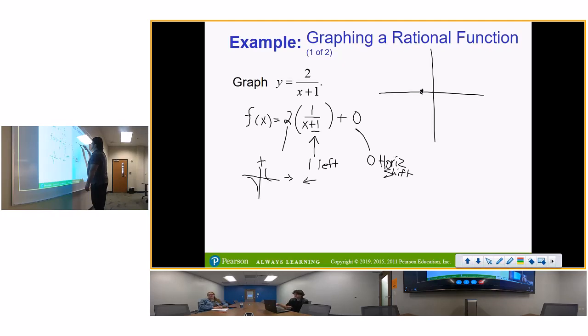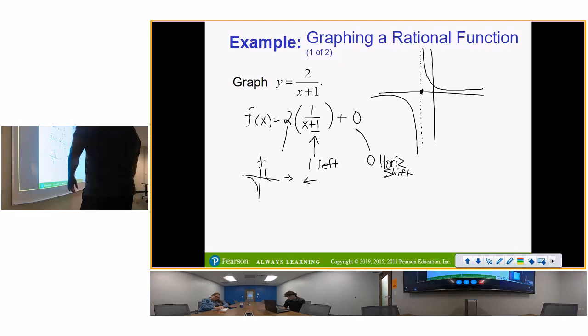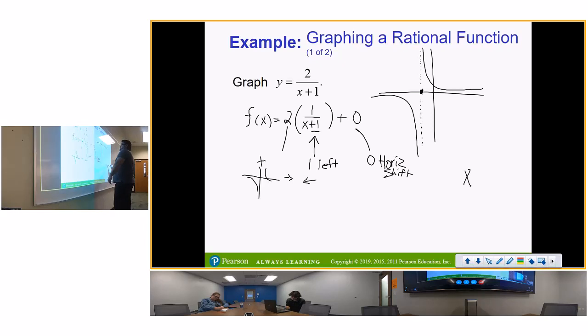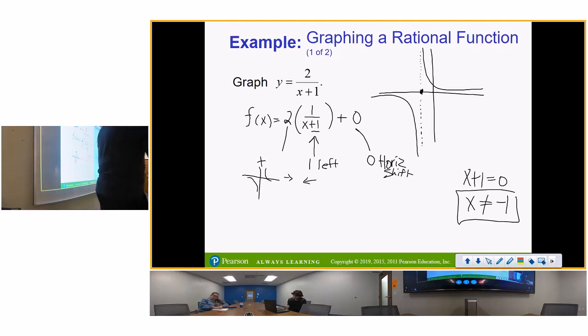Right here, so I'm going to draw a new vertical asymptote right here, and I'm going to draw like that. Now, how do you know that's the vertical asymptote? Set the denominator equal to what? So x plus 1 is equal to 0. X cannot equal what? -1. That's your vertical asymptote.